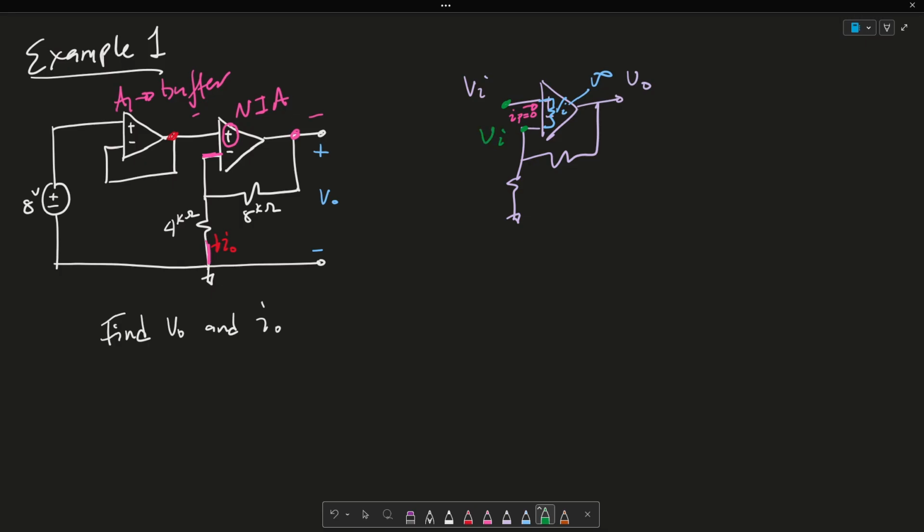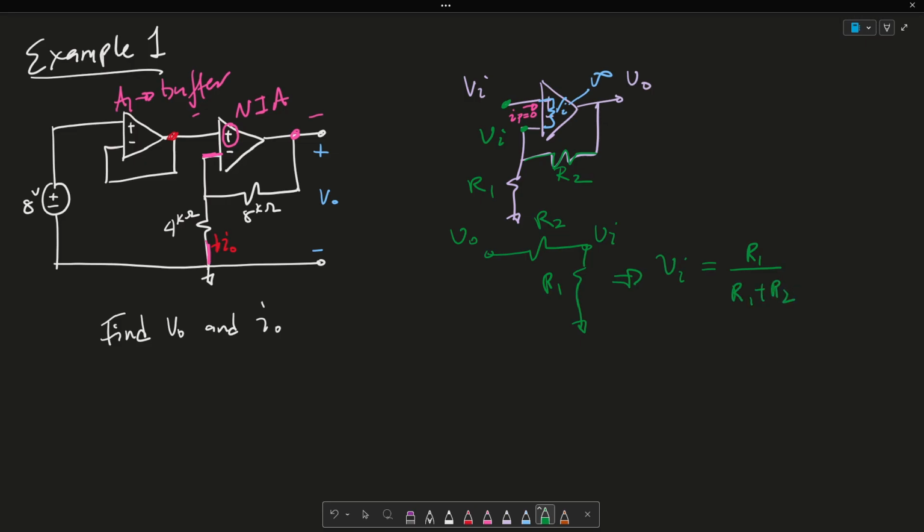So if you can see, this is kind of like a voltage divider circuit where if I redraw this, I could say that this is Vi, this is V out. And if I call this R2 and R1, Vi is going to be equal to R1 over R1 plus R2.